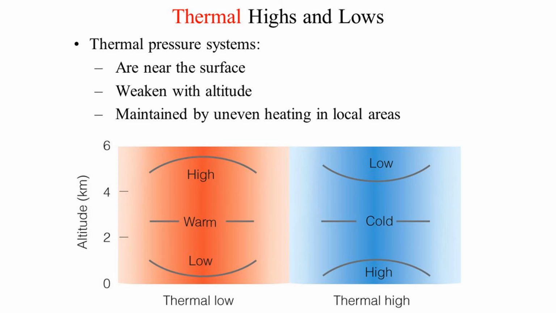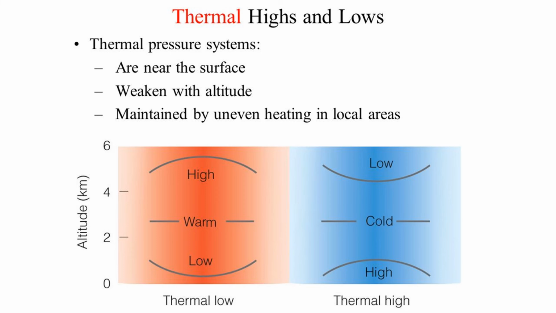For example, the surface atmospheric pressure is lowest in the center of the warm thermal low. In the warm air above the low, the isobars are spread apart, and at some intermediate level the thermal low disappears and actually changes into a high.